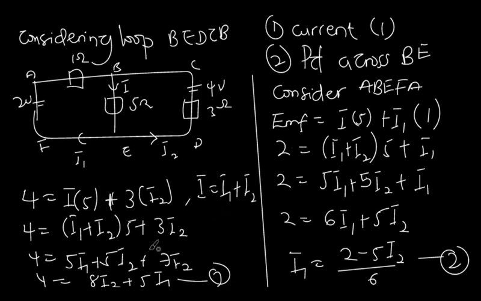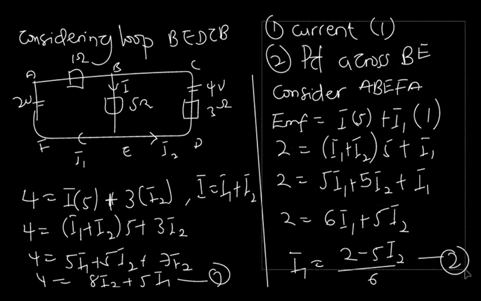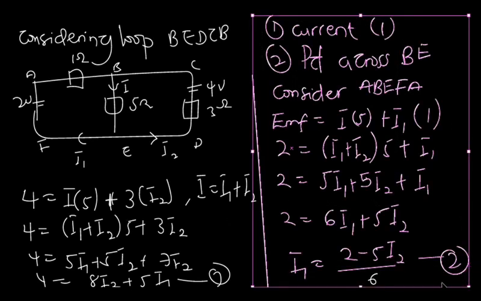Okay, so if we have equation 1 and equation 2 written down somewhere, let's now go ahead and input the value of I1, which is equation 2, into equation 3 and see what we will get for our current. So let me get rid of everything over here, including equation 2.